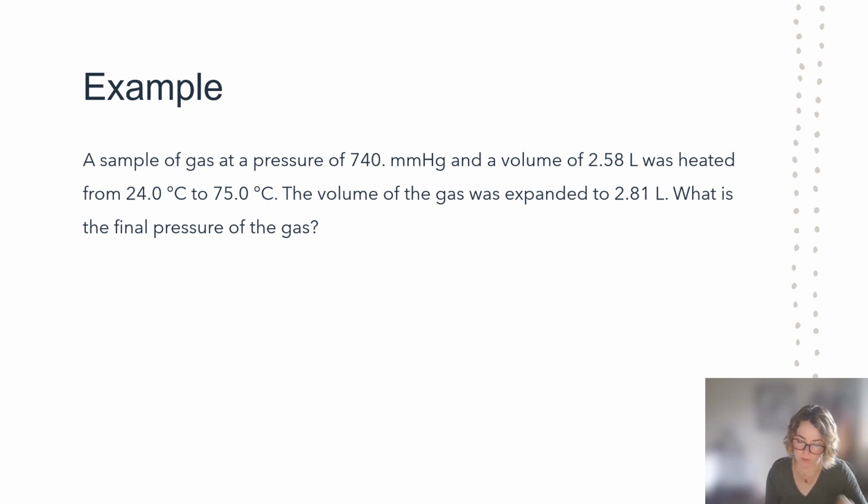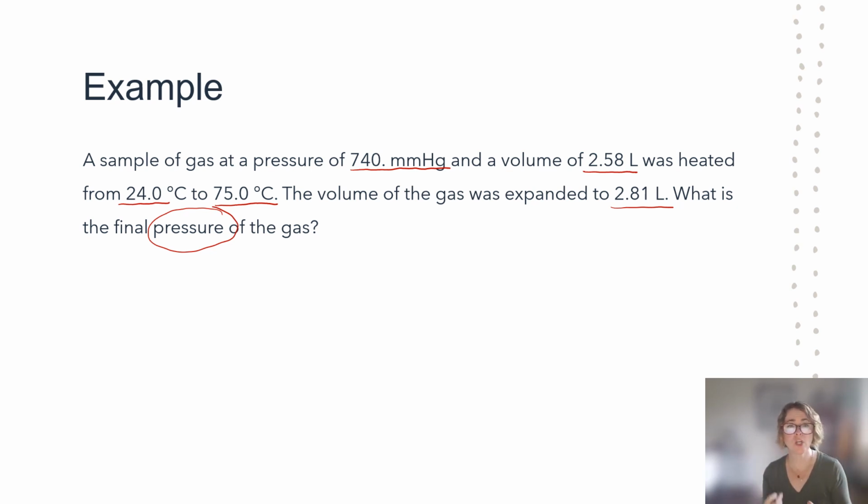You notice in this problem, we have been given an initial pressure, an initial volume, and an initial temperature. Then we're telling you we're going to actively change the temperature, which changes the volume, and now I want to know what the new pressure is. So when I'm changing variables, in this particular case I'm dealing with the combined gas law, because I've been given all of the variables: temperature, volume, and pressure.